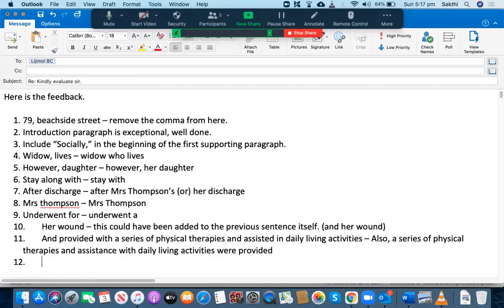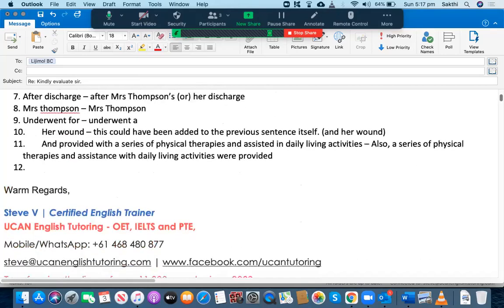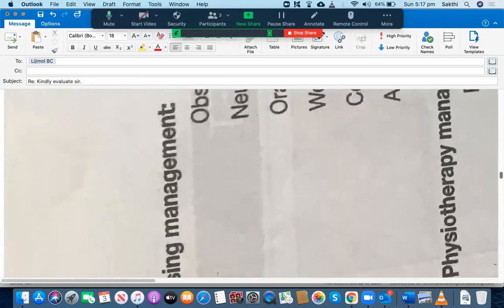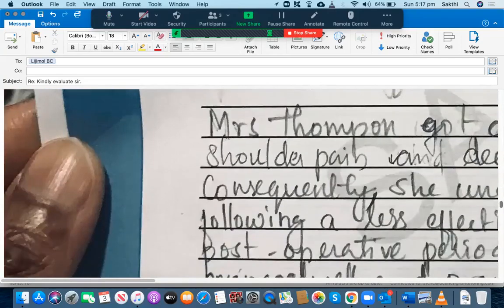Do you understand this? This is how you need to write the passive voice. It's always better to write the passive voice in your letter.